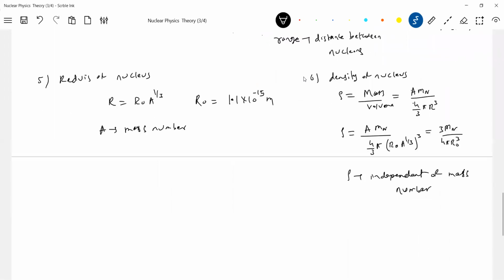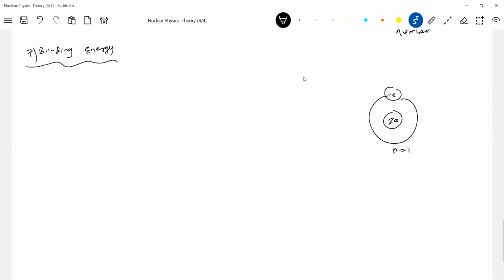The last one is the binding energy. Why will this binding energy idea come? Let's go back to the hydrogen atom. There's an electron. What is the energy of the hydrogen atom? Minus 13.6 electron volt.